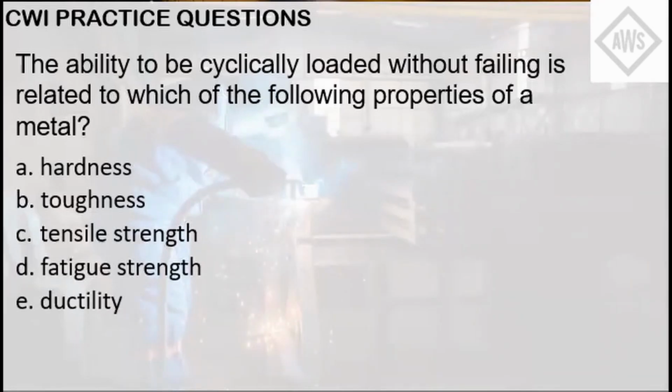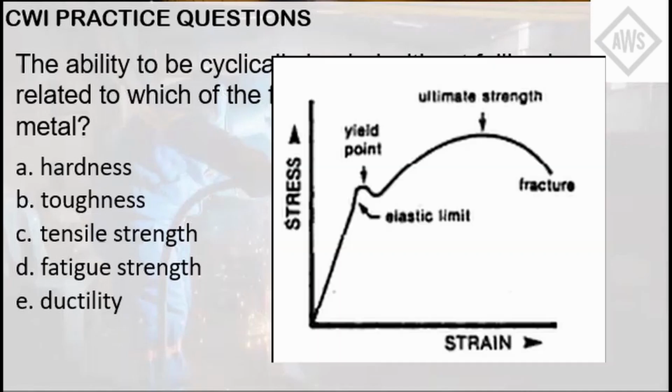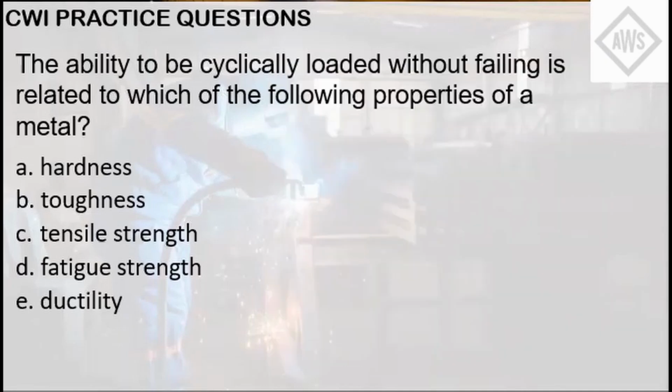Toughness is the ability of the material to absorb energy without fracture and can be measured through impact testing. Tensile strength is the maximum load a material can withstand before fracture. This is before the end of the stress strain curve as seen. Ductility is synonymous to toughness. It is the ability of a material to deform plastically in tension or shear without fracture.